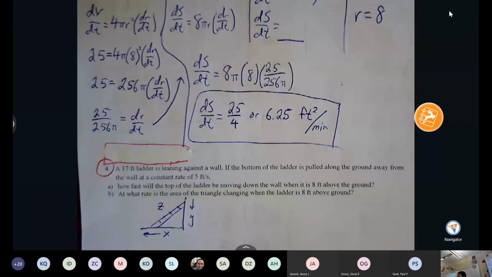Pythagorean theorem for A, for B, it's going to be eventual product rule. Let's see if we can finish this problem. Feel free to use the notes that we did from Friday, the first page, and see how much you can fill in.